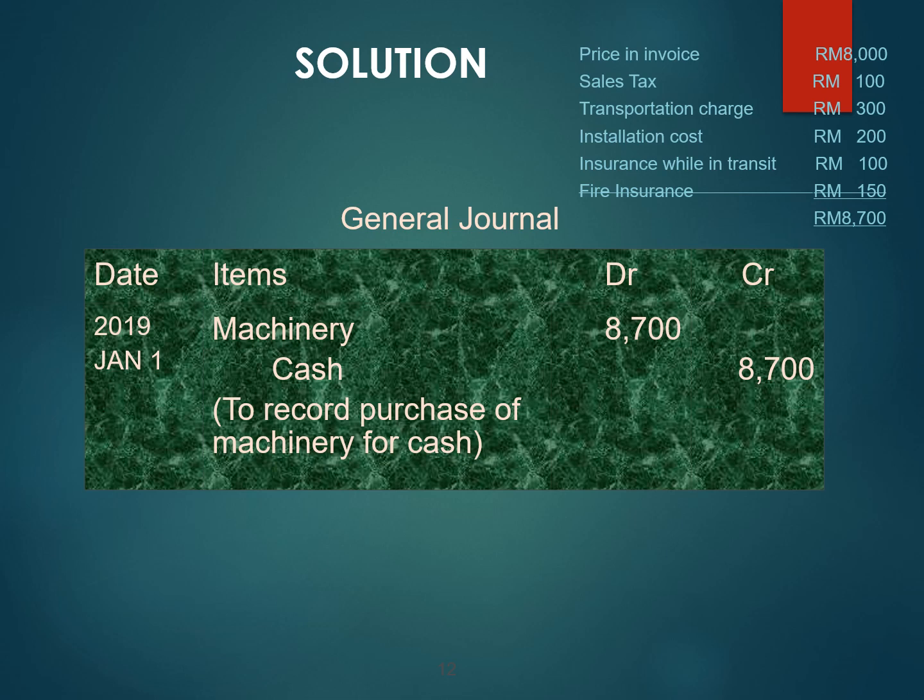So we cannot include 150 in the cost of the machine. Altogether, the real cost of the machine is 8,700. Okay, students? So this 8,700 you put on the debit and credit side.